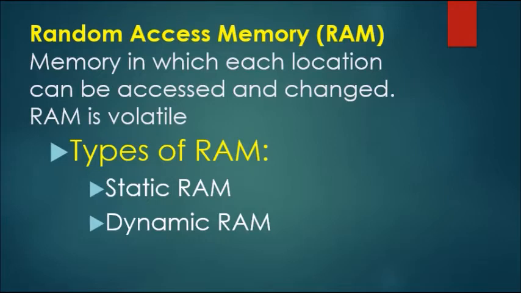Static RAM, the short form is SRAM, stores a bit of data using the state of a 6-transistor memory cell. And dynamic RAM, also known as DRAM, stores a bit of data using a pair of a transistor and a capacitor, which constitute a DRAM memory cell.